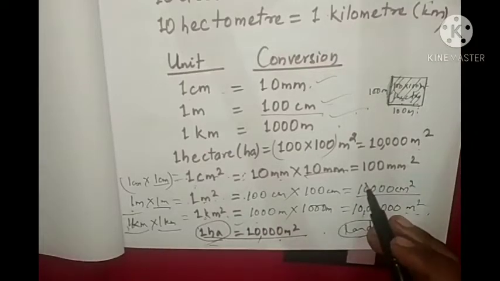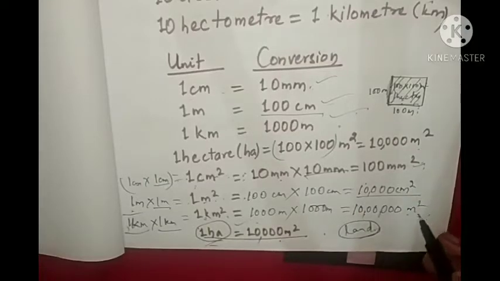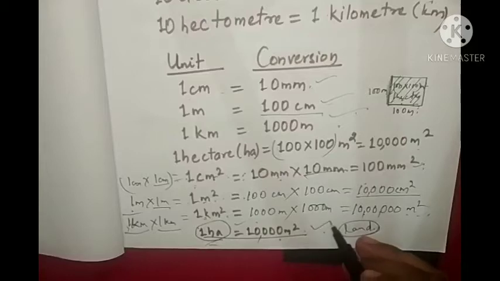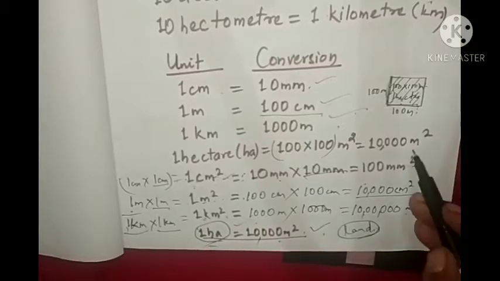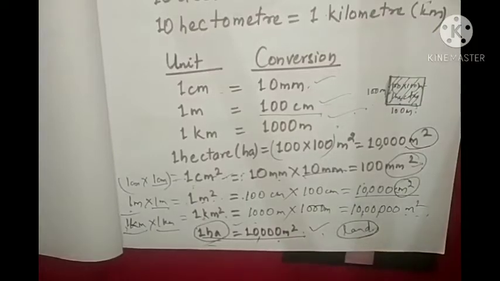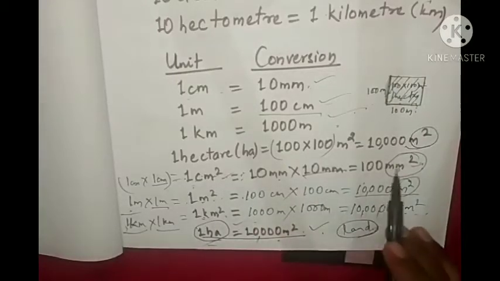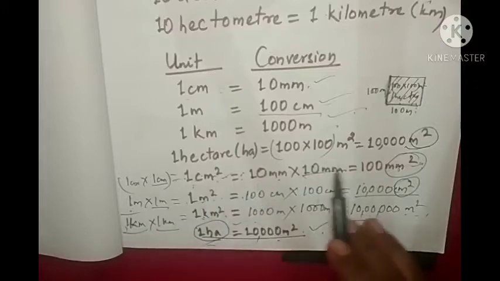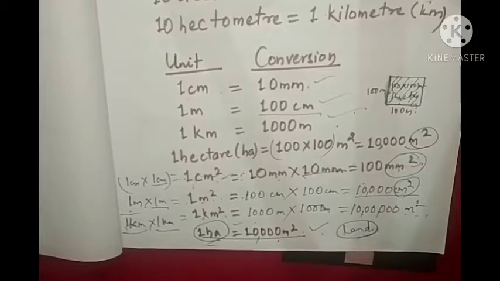When we measure the area of land, we mostly use square meter, square kilometer or square centimeter, because area is length into breadth, or side into side. So we use square meter, square millimeter, square centimeter or square kilometer. When we need to find area, that is the time we convert the units.